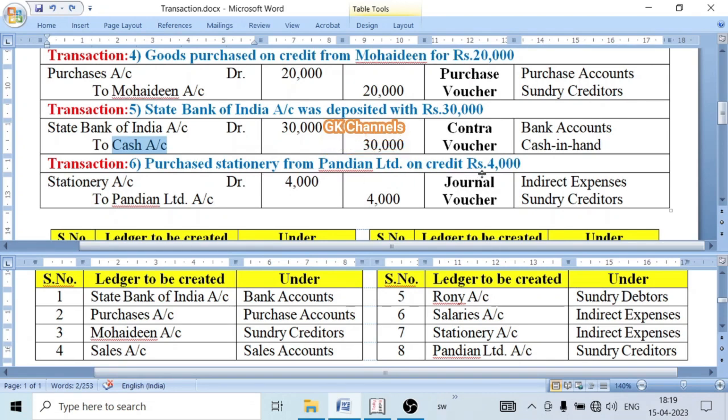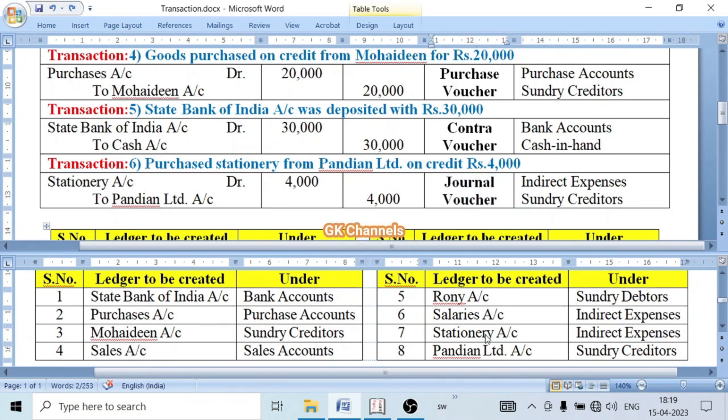Sixth transaction, purchased stationery from Pandian Limited on credit rupees 4,000. So for this we are using journal voucher and stationery account debit, Pandian Limited credit amount 4,000. Journal voucher is used because this doesn't fall under any other voucher, accounting voucher.